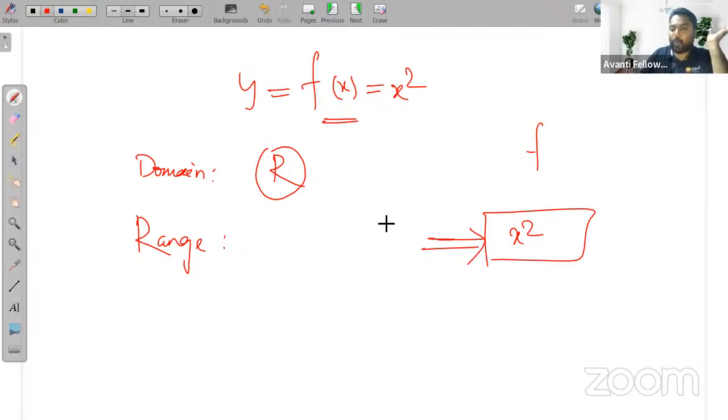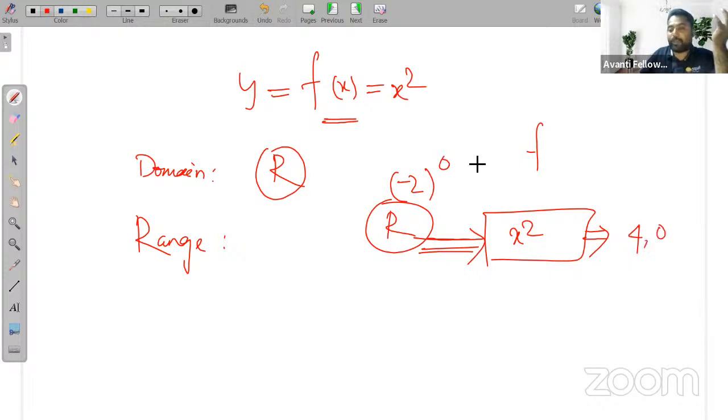When you give -2, it gives you 4. When you give 0, it gives you 0. When you give 2, it gives you 4. Likewise, any number you take in place of x, you will get a non-negative value. So that's why the range is from 0 to infinity.